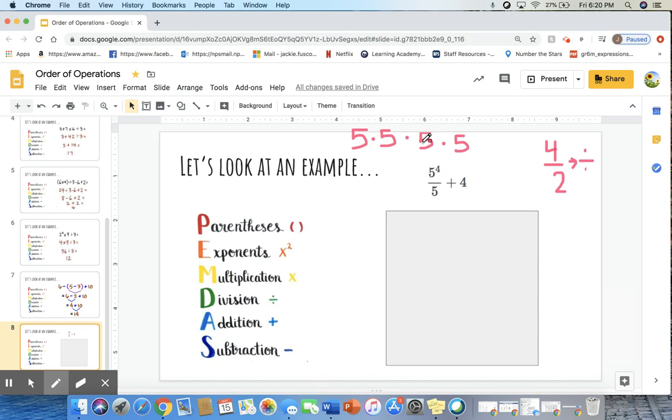Well, 5 times 5, we know, is 25. So then 25 times 5 is 125, times another 5 is 625. If you want to check your work, you might want to just double check with a calculator.